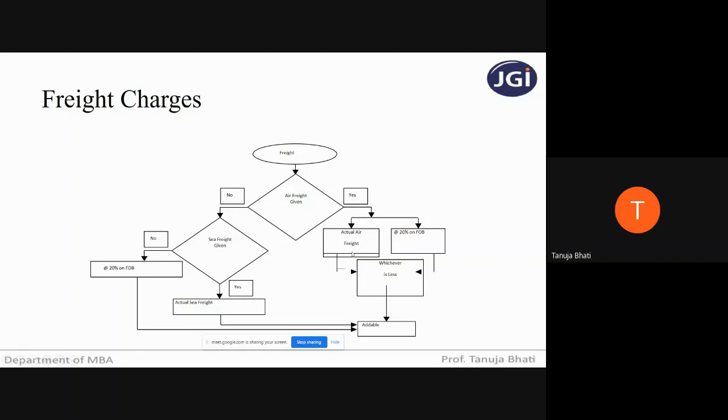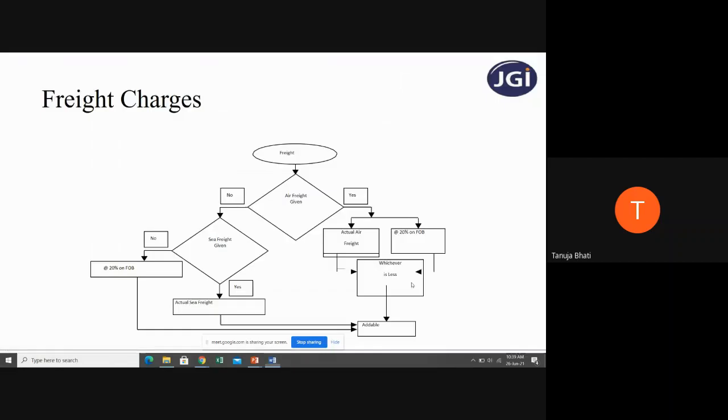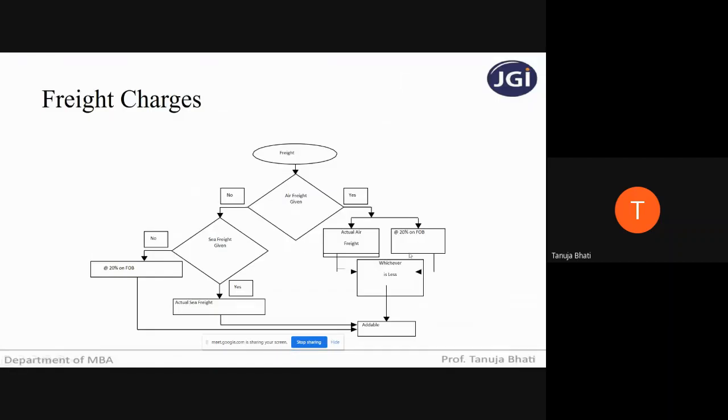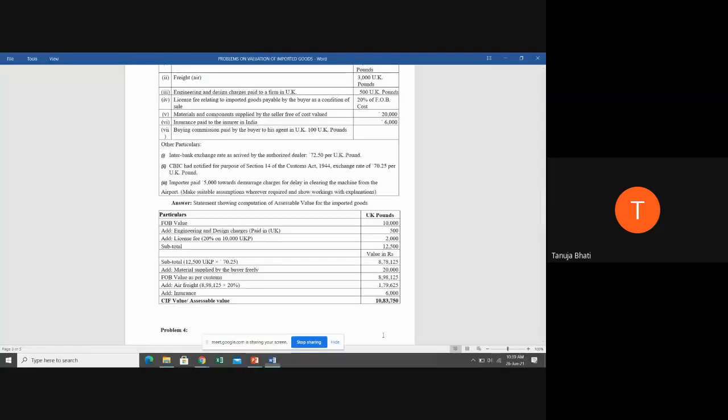That was the actual air freight, or 20% of FOB, which was 1,79,625. Whichever is less. Is 2,10,750 less or is 1,79,625 less? 1,79,625 was less. Therefore, we took that value as freight and added it to the FOB.